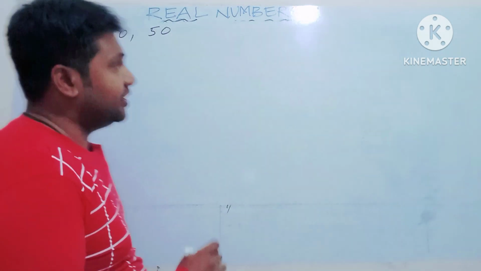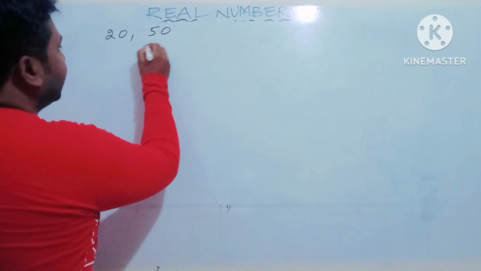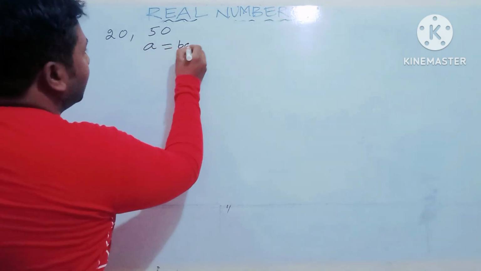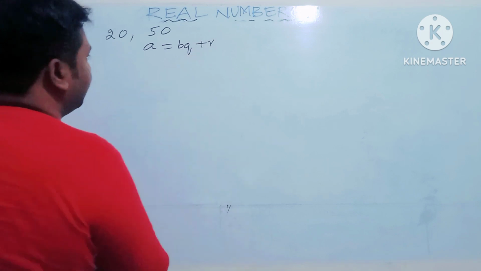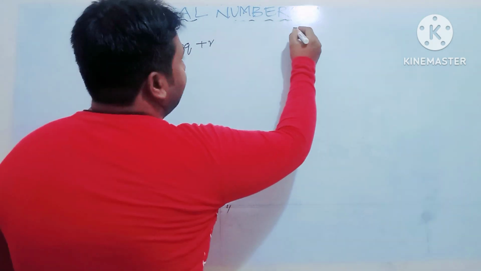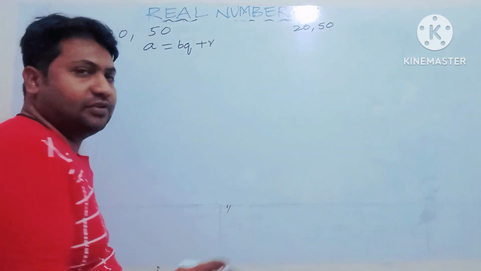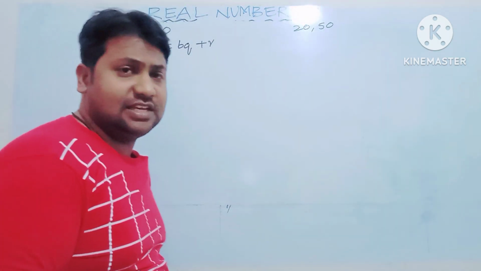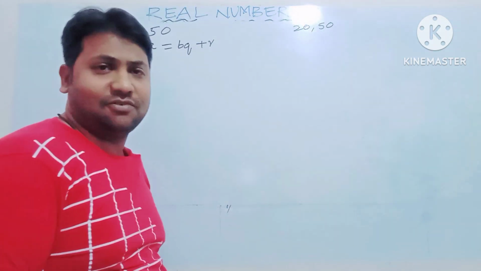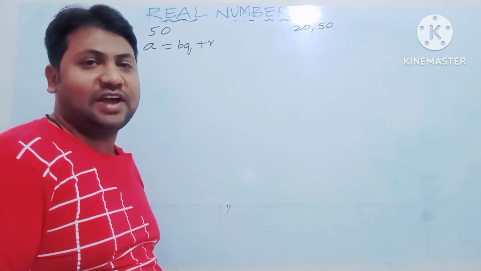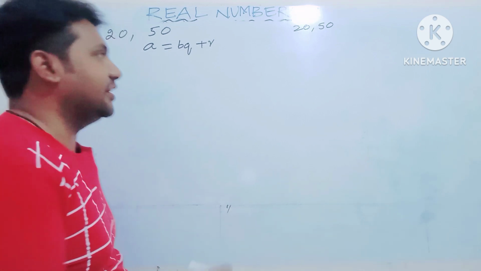I will use the equation a = bq + r with 20 and 50 and find out the HCF. Hope you know what HCF is. It is the highest common factor.